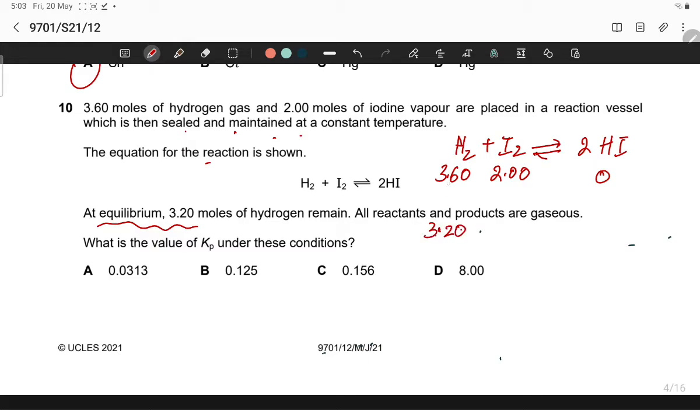By subtracting 3.20, it is 0.4. So this is change in mole. This is initial, change and equilibrium mole.